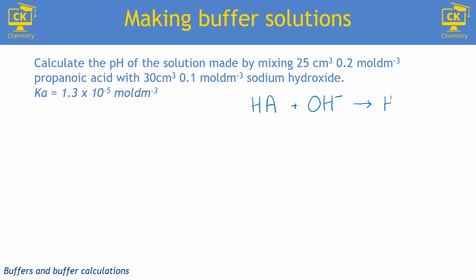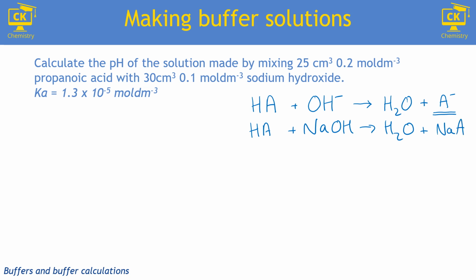It is going to make water and my salt. So by mixing sodium hydroxide and propanoic acid, if you really want the non-ionic equation, here it is. It's going to be H2O plus NaA. That's not very helpful. It's going to make sodium propanoate in solution.